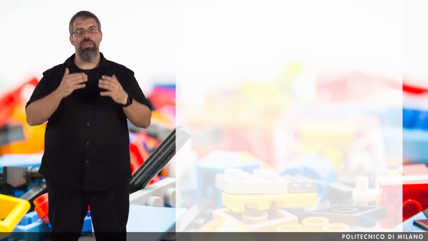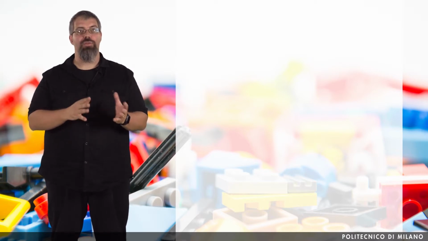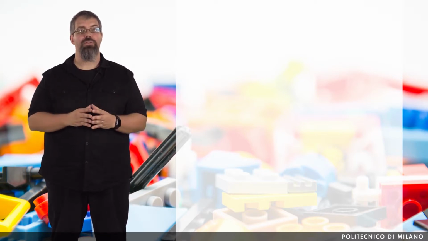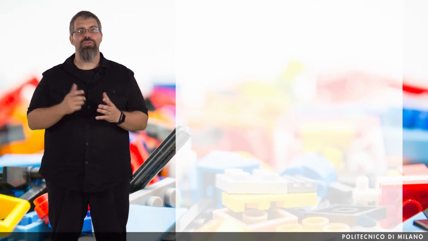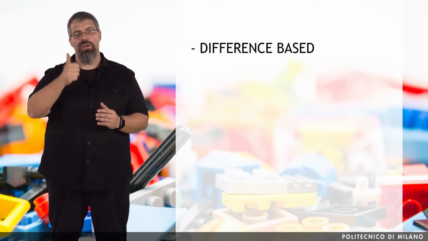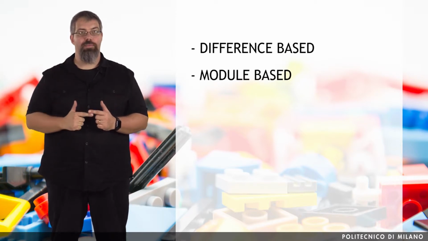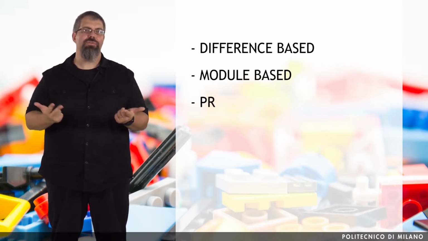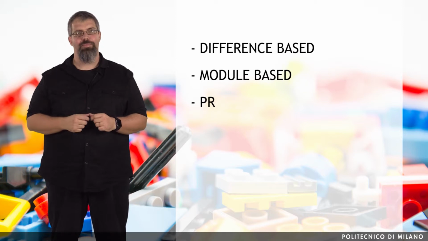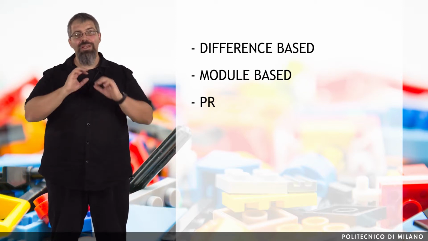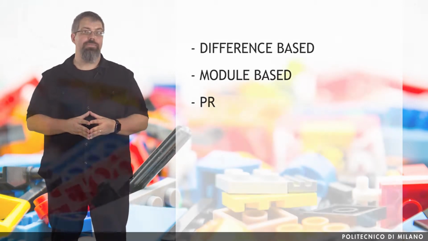Looking at the history of Xilinx efforts in providing tools to support partial reconfiguration, we can identify three official design flows: difference-based, also known as small bit manipulation; module-based; and PR, the shortened version of partial reconfiguration. And nowadays PR is fully integrated into Xilinx tool flows.